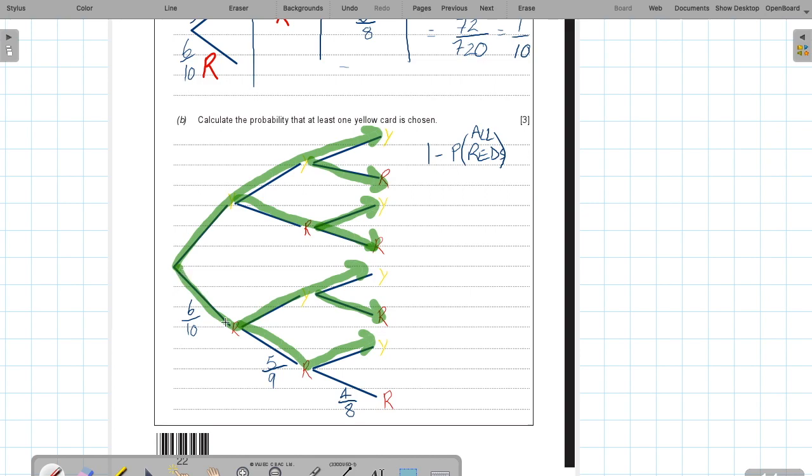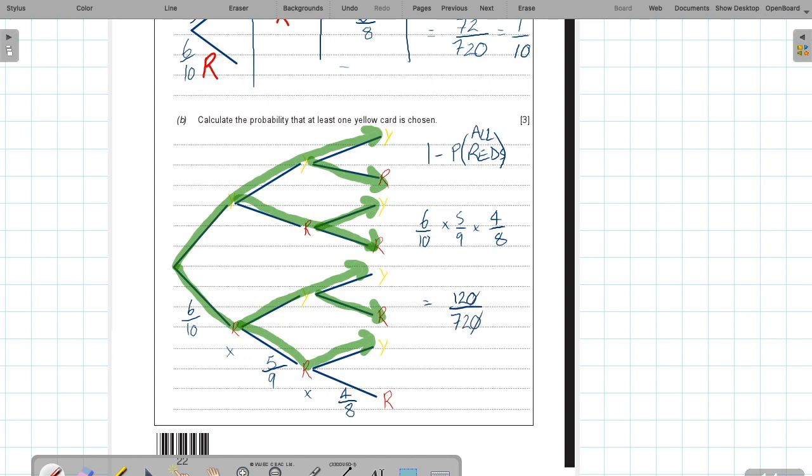So the probability of getting all reds, or getting no yellows, is these multiplied together. So 6/10 times 5/9 times 4/8. 5 times 4 is 20, times 6 is 120. 9 times 8 is 72, times 10 is 720.